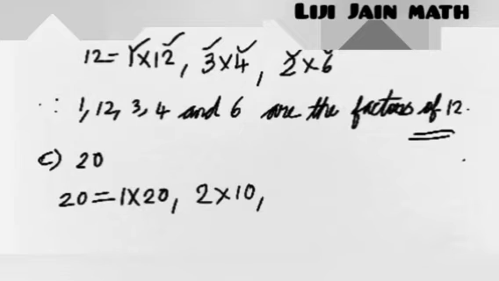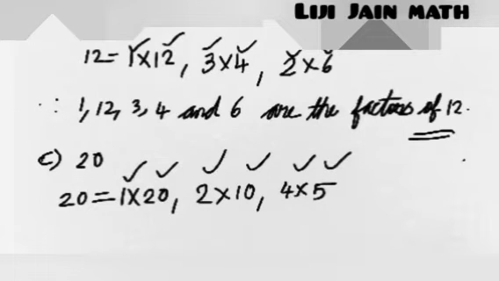Any other option for representing 20 as the product of two numbers? Yes. Which is it? 4 fives are 20. Isn't it? These are the possible ways for representing 20 as the product of two numbers. So which are the factors of 20 then? Oh yes. 1, 20, 2, 10, 4, 5.